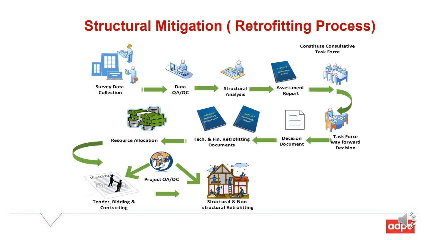You have to do survey data collection, data quality control, structural analysis, and come up with the assessment report, discuss with the decision maker to take a decision on the performance, go with the retrofitting design and financial documents, resource allocation, and then tendering, and then structural and non-structural retrofitting happens.